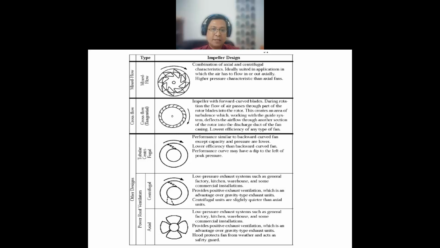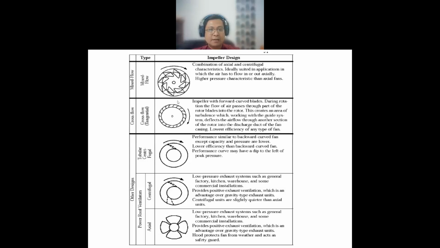I already mentioned the lowest efficiency compared to other fans, because you can see only the tip of the blade works to collect or deliver the air into the duct system.